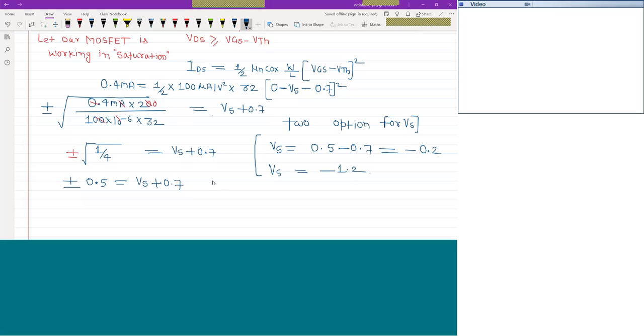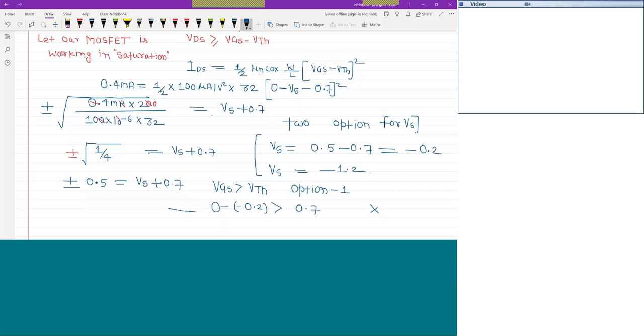So what should be the condition? The condition should be VGS should be greater than VTH. So let's select option number 1. What option number 1 says? VG कितने वोल्ट पे है? 0. माइनस VS कितना हो जाएगा? माइनस ऑफ 0.2 should be greater than 0.7. क्या ये करेक्ट है? ये तो नहीं है. तो फर्स्ट ऑप्शन तो ट्रांजिस्टर को कहाँ ले जा रहा है?